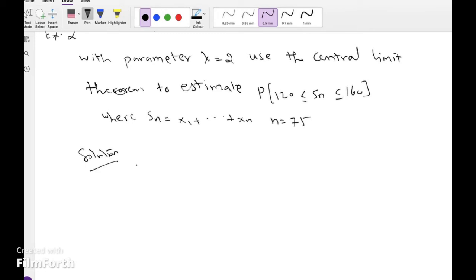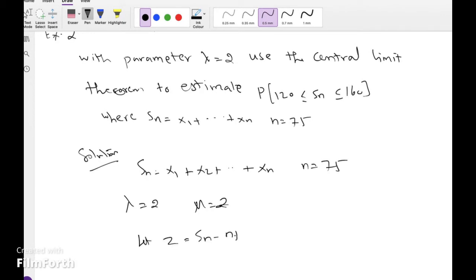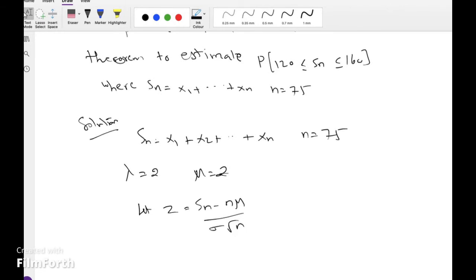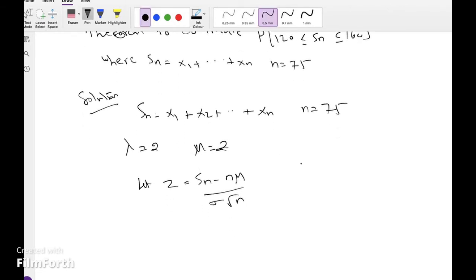Solution: Sn is equal to x1 plus x2 plus etc. plus xn and n is equal to 75. The parameter given is lambda equal to 2, therefore mu equal to 2. So let Z equal to, as we already know, Sn minus n mu by sigma into square root of n. So n is equal to 75, n mu is 75 into 2, that is 150.